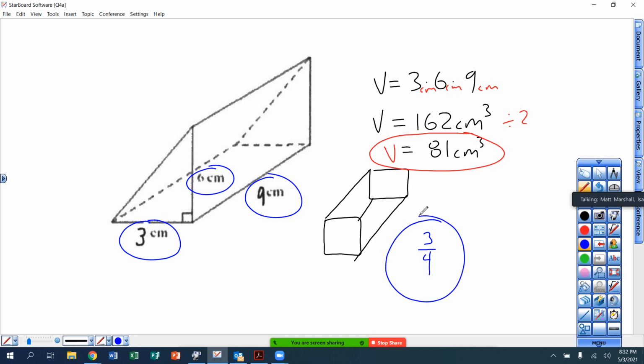I'm wanting to take that volume number and scale it down by a factor of 3/4. Okay. That's my scale factor. So what am I going to do to that 3/4 before I times it by 81? Yes, ma'am. So now the trick is, what is 3/4 cubed?